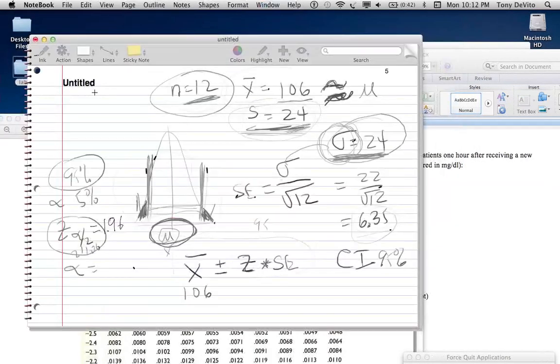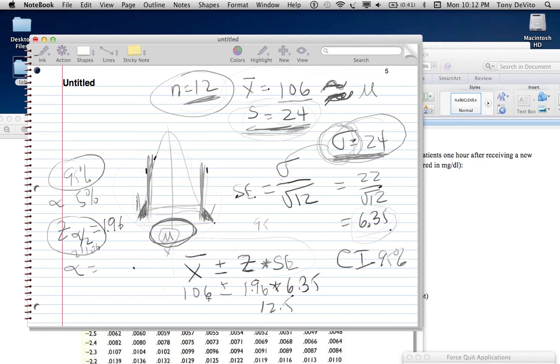Okay, so I'm going to go back to what I got here. I'm going to say plus or minus 1.96 times the standard error, which is 6.35. So this is roughly going to be about 12 and a half. Let's call it 12 and a half.